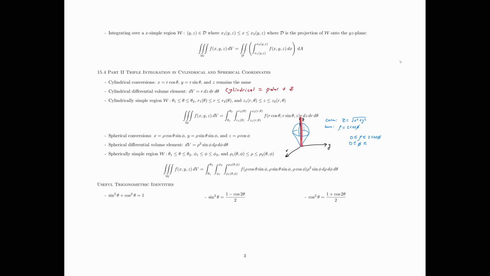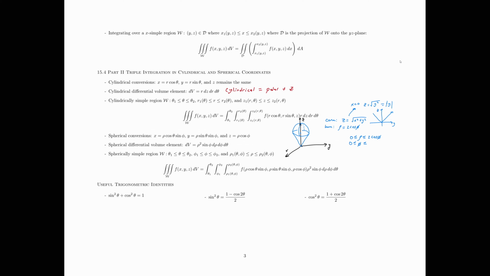The YZ plane's equation is x equals 0. So if we project this into the YZ plane by setting x equal to 0, what do we get? Well, with x equals 0, this gives us z equals positive root y squared, which is the absolute value of y. So in the YZ plane, we get this. And what do we know about the absolute value?